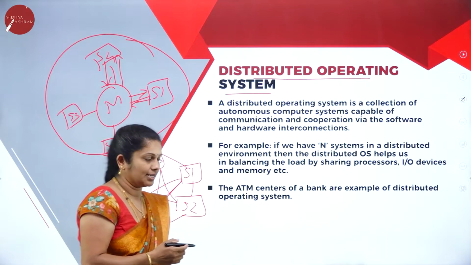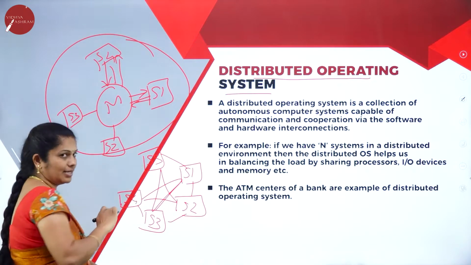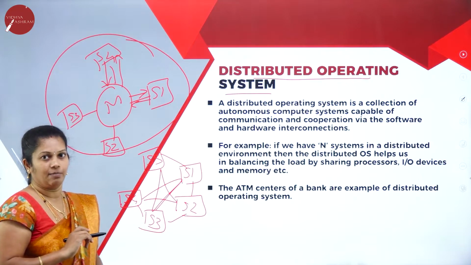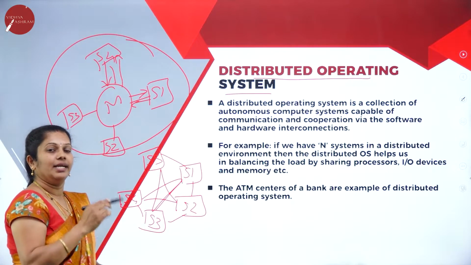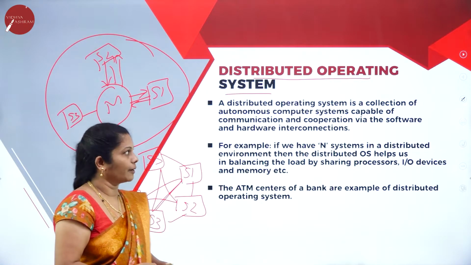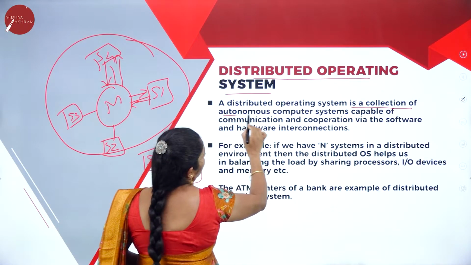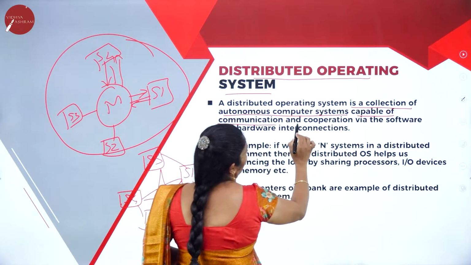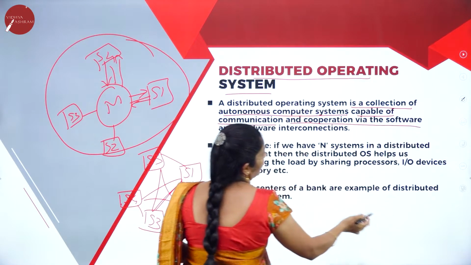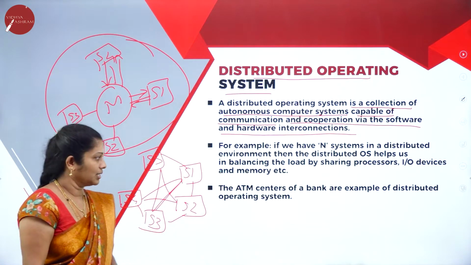Whereas in a distributed system, each system has equal capability. In centralized, the center system has higher capability. Here, each system has equal capability and the direct transaction will take place. A distributed operating system is a collection of autonomous computer systems capable of communication and cooperation via software and hardware interconnections.